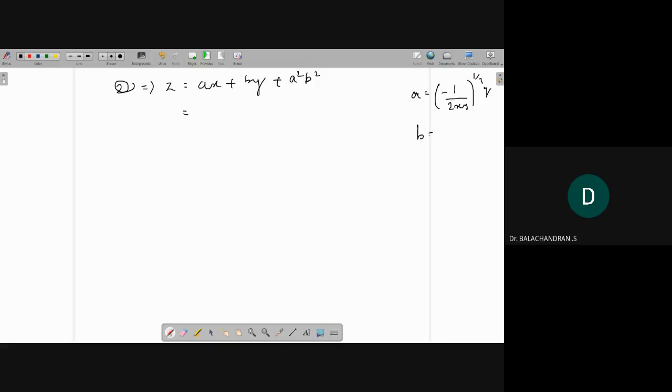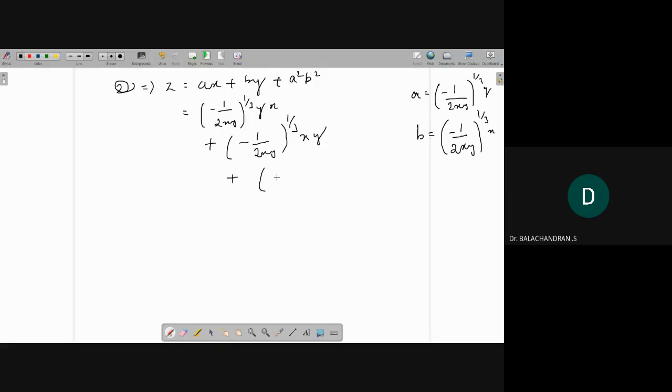Similarly, b equal to minus 1 by 2xy whole power 1 by 3 into x. Now substitute these two values here. Minus 1 by 2xy whole power 1 by 3 into y, and x is here, plus b. b is minus 1 by 2xy whole power 1 by 3 into x, and y is here, plus a square plus b square.